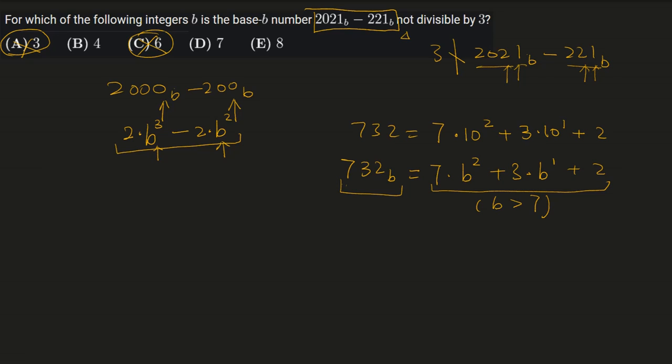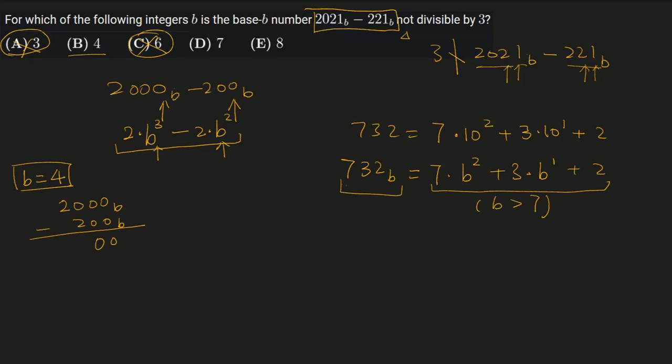Now let's look at choice B, when b equals 4. So now let's write out this subtraction: 2000 base b minus 200 base b. This is subtraction. The 1st digit is 0, the 10th digit is 0, and for the 100 digit, remember, that's not the actual 100, I just borrowed the terminology, we need to borrow a digit from the next one.